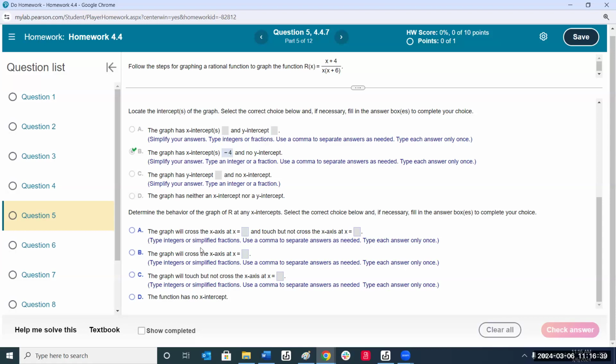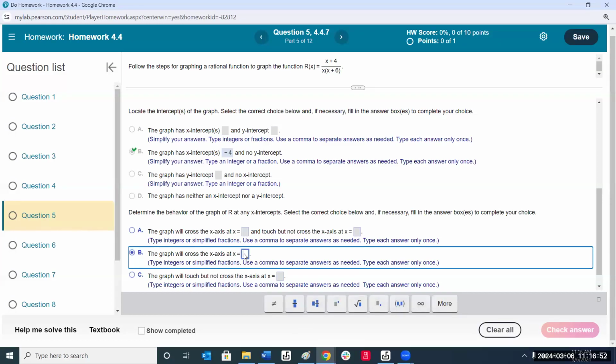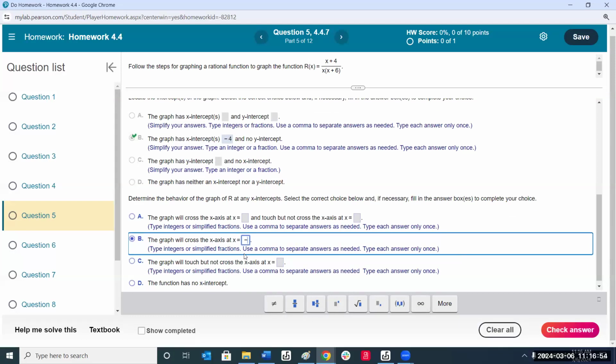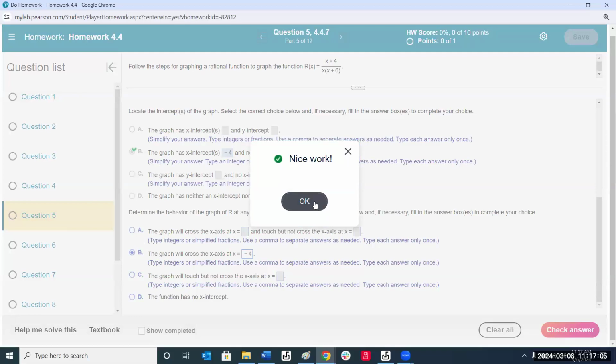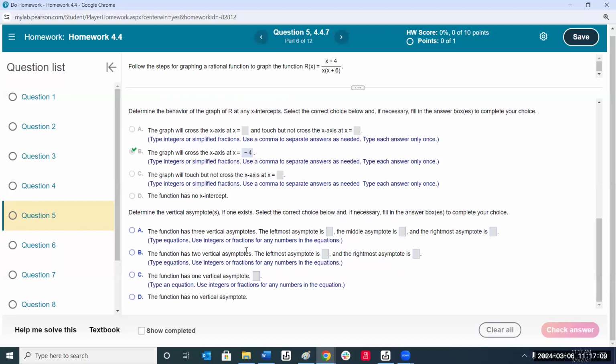Okay, so it's got to be one of these two. Will touch but not cross the x-axis. No, just look for the intercept.